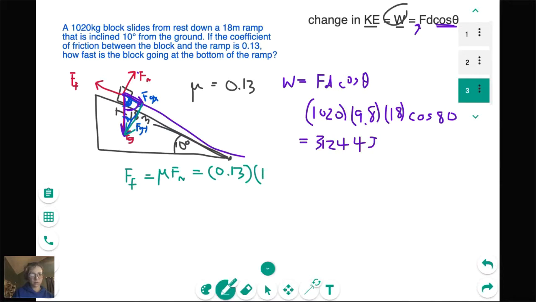So I've got the force of gravity, which is mass times the acceleration due to gravity, 9.8. And now times the sine of 80. Oops, sine. There we go. Sine of 80. Okay, so if I multiply all of that out, I get 9,844 newtons.